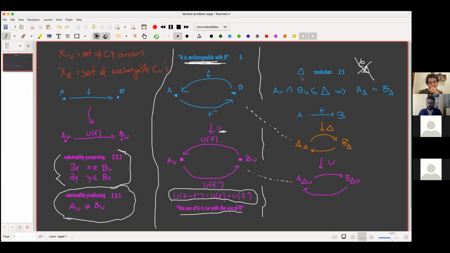In the set form, the resolution takes elements from use sets. So think of it as a box. You can put any uses of a thing into this box. And whenever you put things into this box that are shared by two commodities, that means those two commodities are indistinguishable when you apply the functor, right?